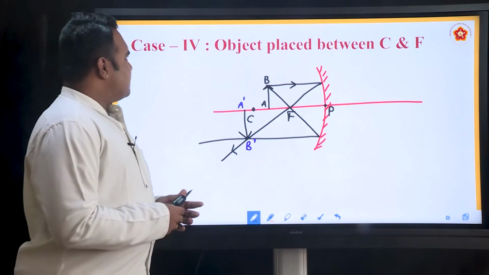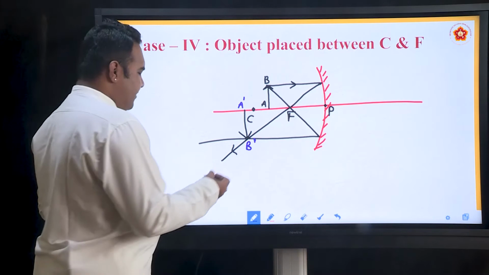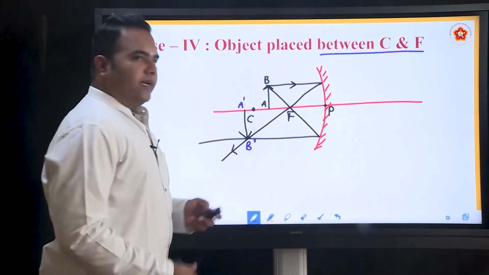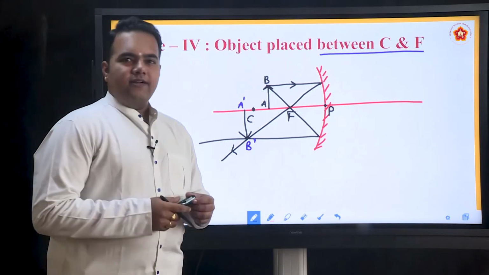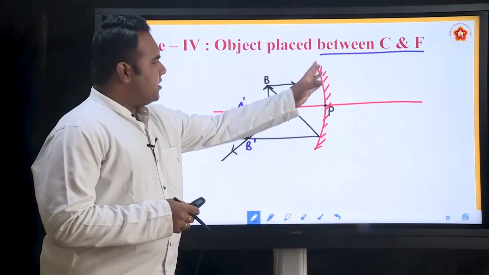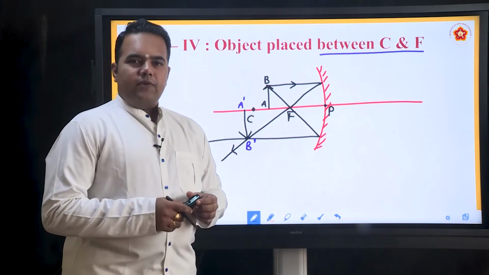Let us check the case 4 where the object is placed between C and F. The object is placed between C and F, and now in this particular case we try to actually draw the image, draw the concave mirror, place the object, and then we are trying to check the case of image formation.